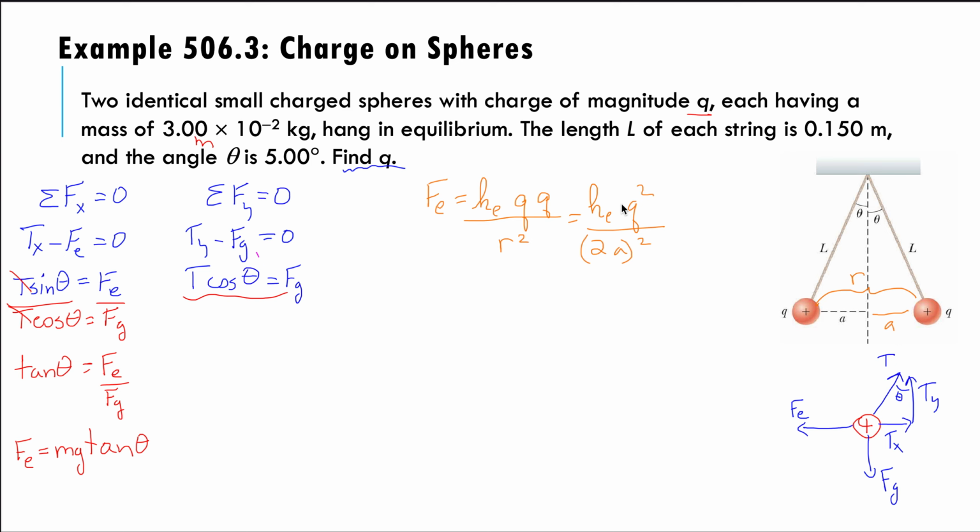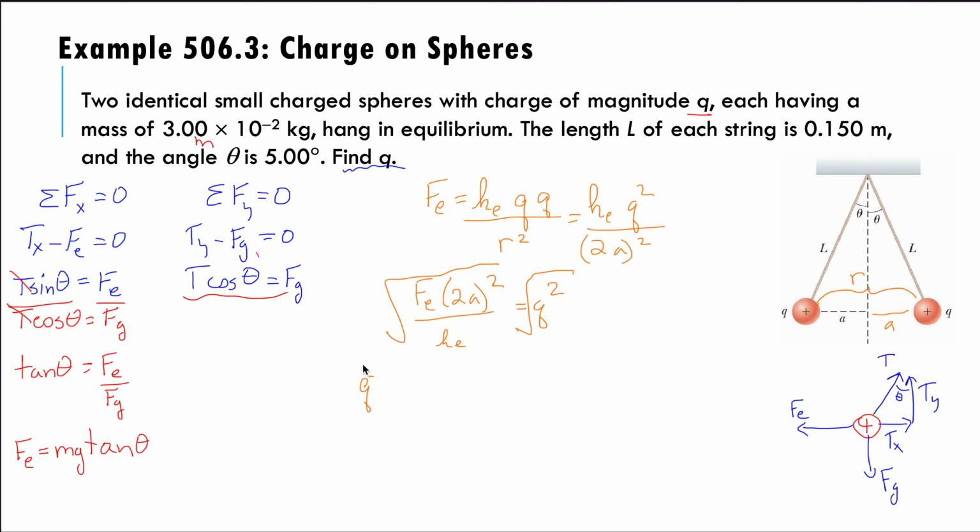Now we're ready to get Q by itself. We're going to go ahead and multiply by 2a squared, and we're going to divide by ke. And that is what Q squared is going to equal. So the next thing is to go ahead and take the square root of each side to get Q by itself.